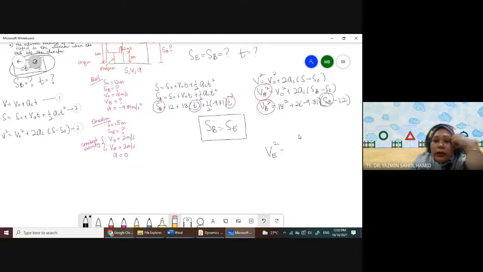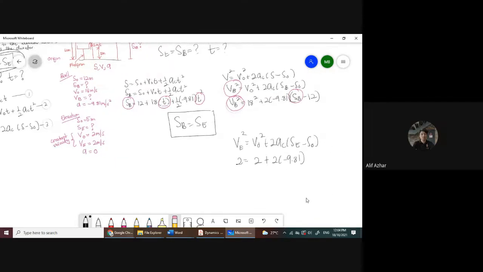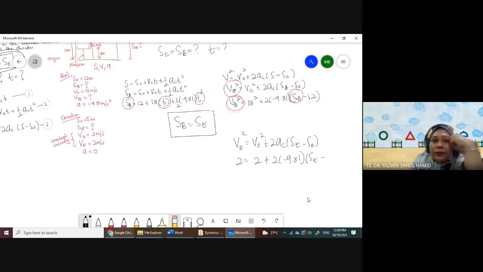Let me write down the equation first so it is clear. VE squared equals V naught squared plus 2AC (SE minus S naught). So VE squared is 2, V naught squared is also 2, plus 2 times 9.81, SE what? S naught is 5. Okay, what did you get as the answer?